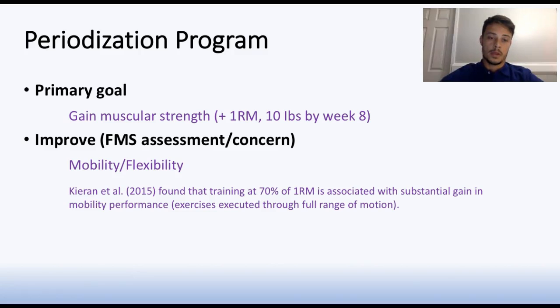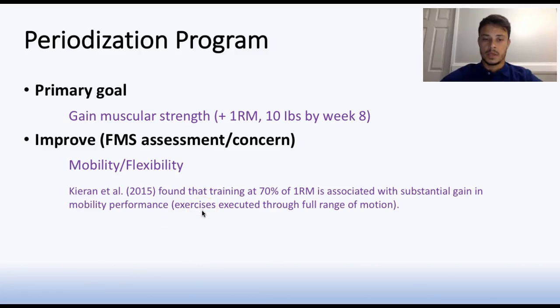Also, because of the FMS assessment, I had some concerns and suggested that we should work on mobility as well as his flexibility. So with that said, and exploring to find information regarding that, I found a very interesting study saying that training at 70% of 1RM is associated with substantial gain in mobility performance.